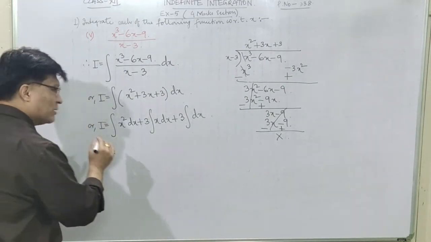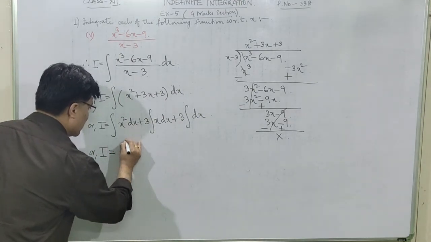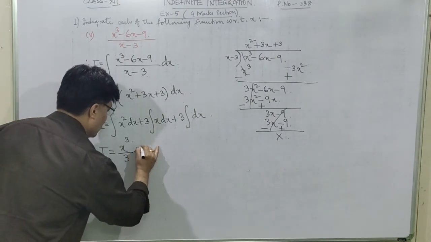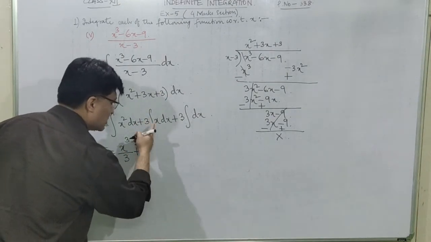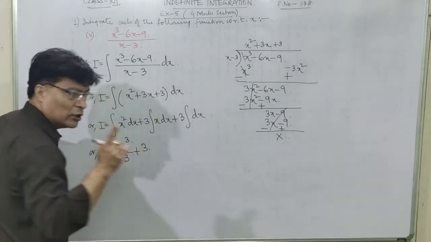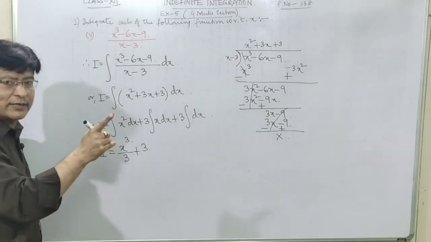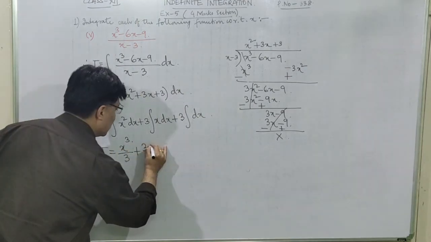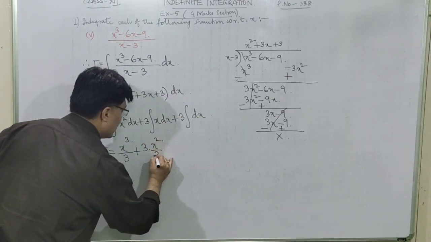So using this integration we get x to the power, what is 2 plus 1? 3, divided by 3, x cubed by 3, plus 3 into what is integration of x? Actually it is x to the power 1. Use x to the power n integration, that is x to the power n plus 1 divided by n plus 1. What do we get? This is x square by 2.